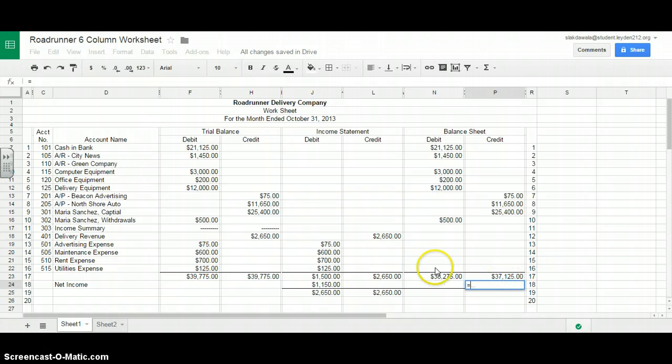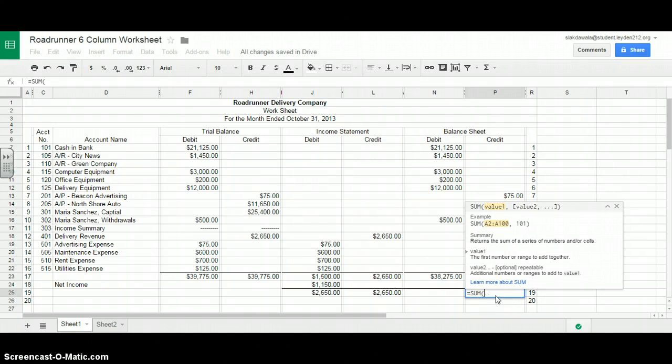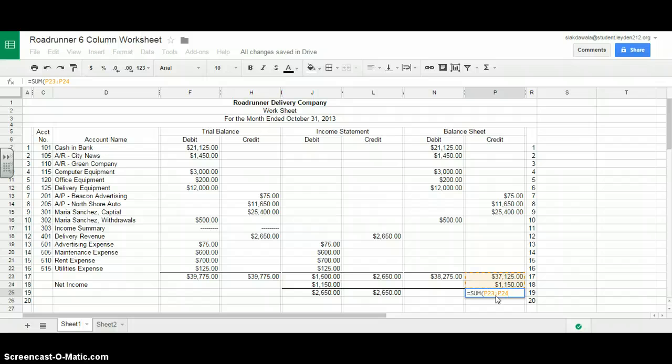So I'm just going to do equal sign and click the net income value. Okay? So I am adding that, increasing it using our credit account. Now, if I do that same simple sum formula, you'll notice that the $38,275 value that we now have in our credit column is equal to what we have in the debit column.